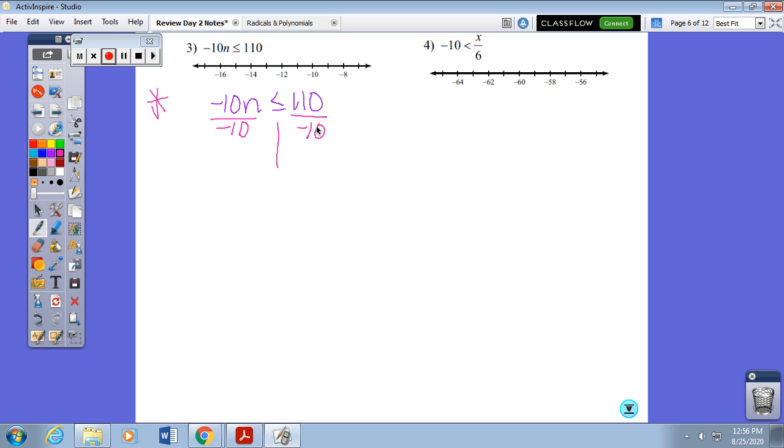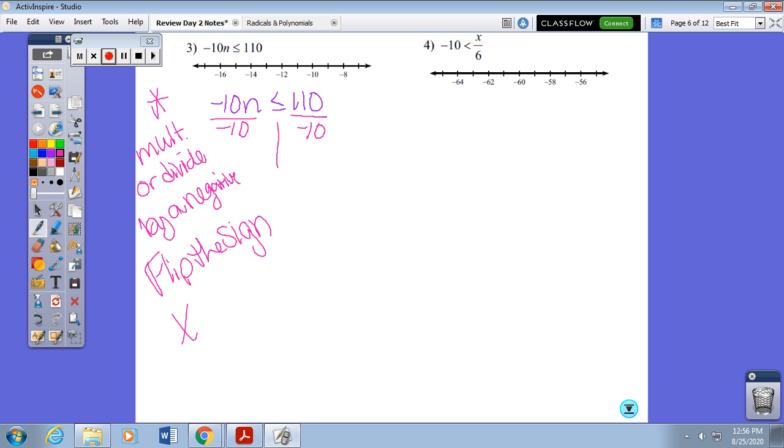Okay, the thing is, if I multiply or divide by a negative number, I must flip the sign.